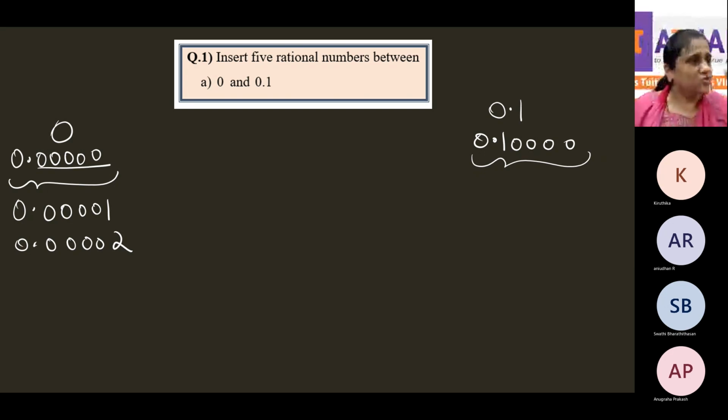In fact, whether it is two rationals, two irrationals, or one rational and one irrational, whatever it is, when you talk about rationals and irrationals, there are infinitely many lying between them. When you talk about integers, whole numbers and natural numbers, be careful with the question. When the question uses rational numbers between rationals, irrationals, or a combination of rational and irrational, the answer is infinitely many.